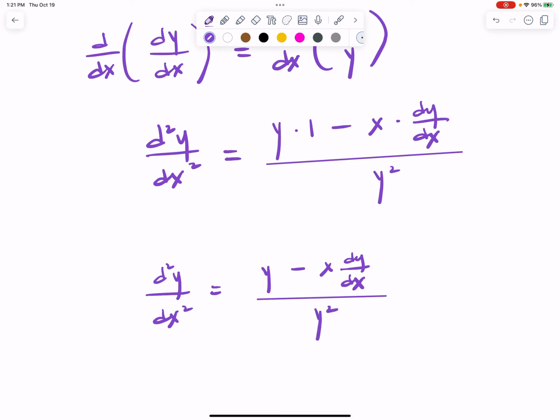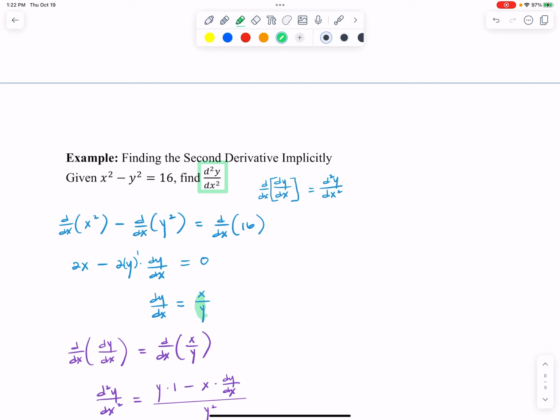Okay, and if you're recognizing the fact that you could go a step further, if this would maybe come up as a multiple choice, and you're looking and you're like, wait, this answer is not there, you could go back and say x squared minus y squared equals 16.